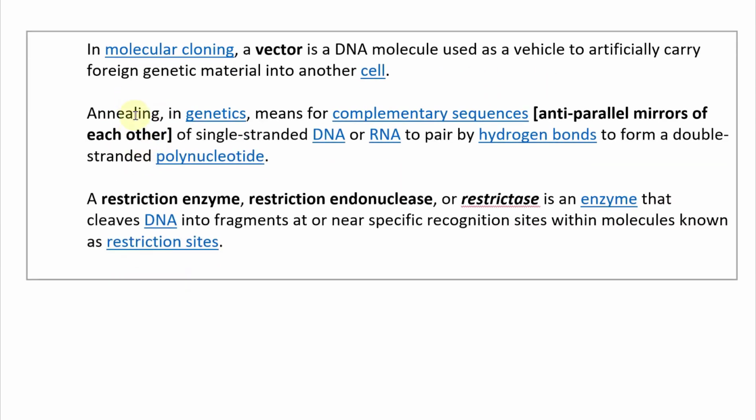So going further, annealing in genetics means for complementary sequences, which again are anti-parallel mirrors of each other, of single-stranded DNA or RNA to pair by hydrogen bonds to form a double-stranded polynucleotide.